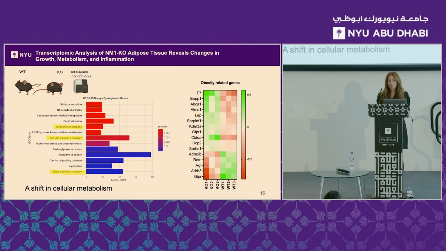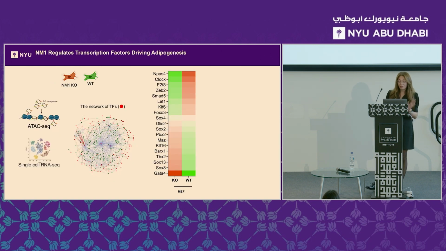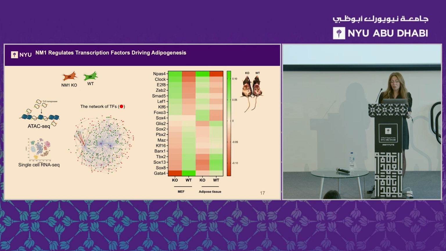And finally, a lot of genes that are involved directly in obesity were also dysregulated between knockout and wild type. And this is the very last slide. If you remember the network that I showed you and the role of NM1 in regulating those top 20 transcription factors, they were dysregulated in cells that are lacking NM1, and we noticed that they actually follow the same trend in tissue.